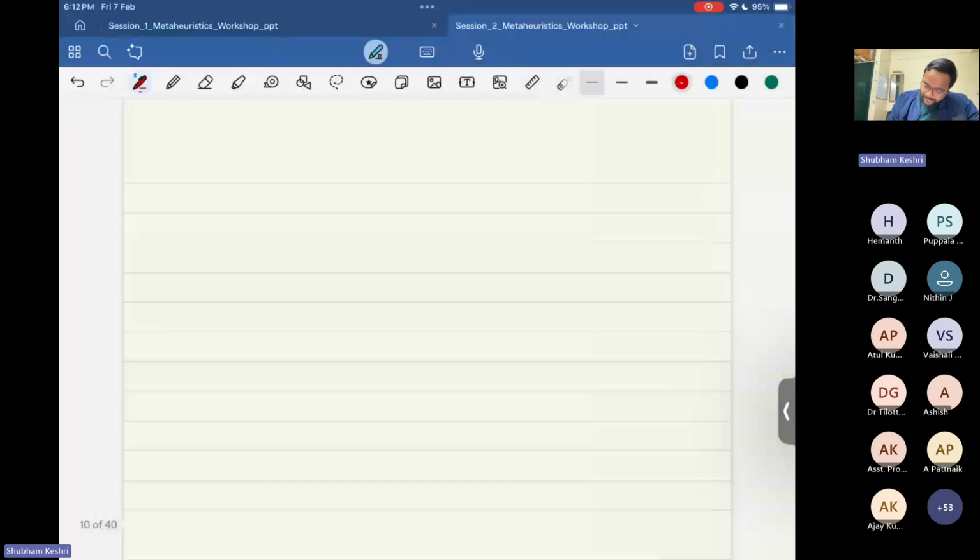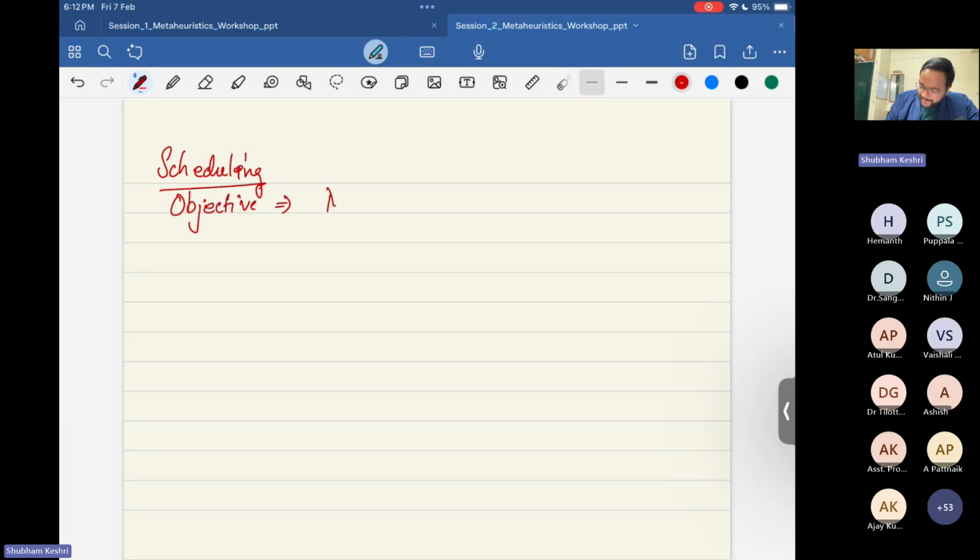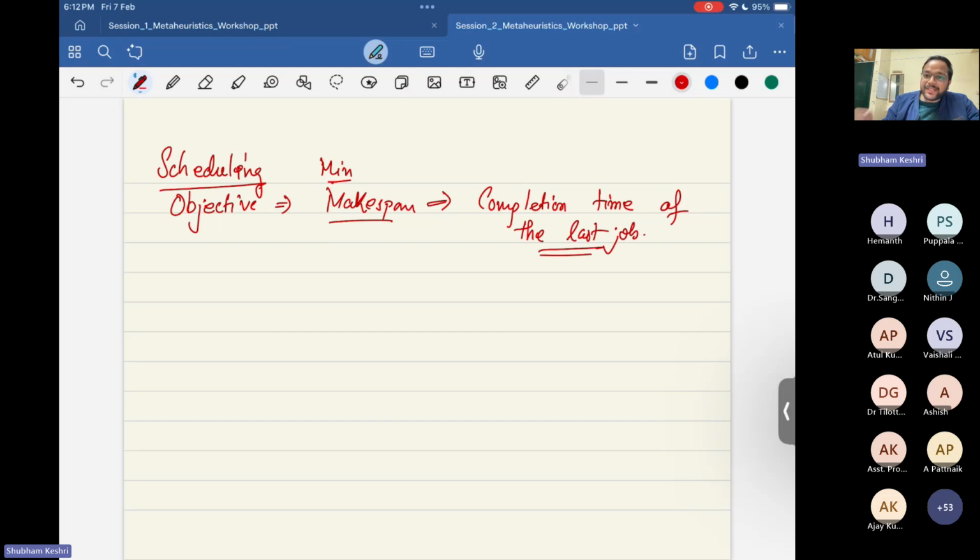For scheduling, there is one objective. What is that objective? The objective is makespan. The objective is to minimize makespan. Makespan is the completion time of the last job.